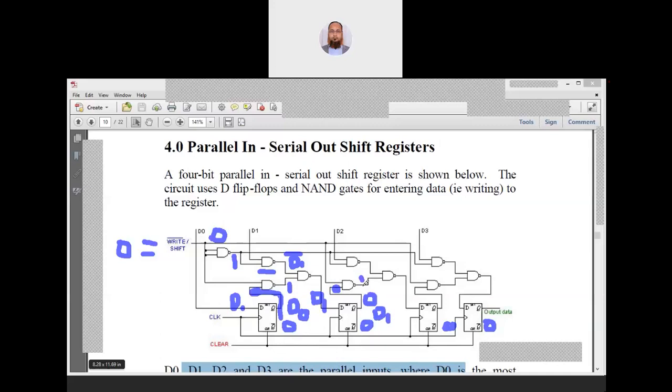This input is 1, this input is D2. 1 and D2 will become D2 complement. So 1 and D2 complement, the output of this NAND gate will be D2 alone.